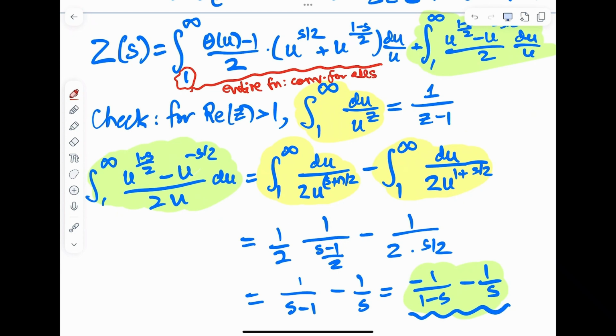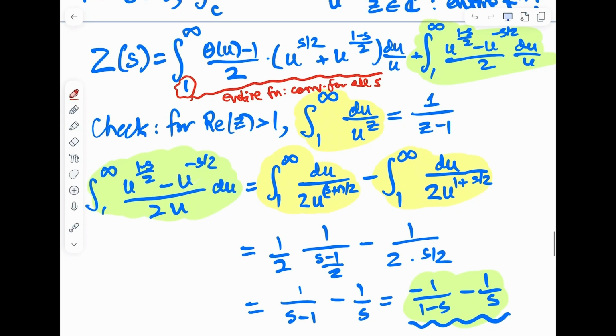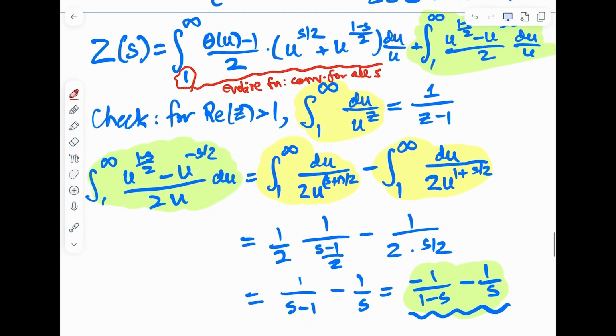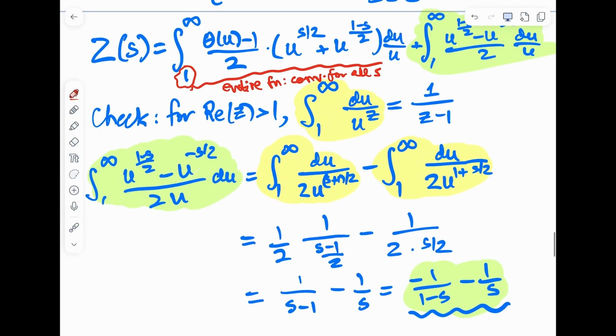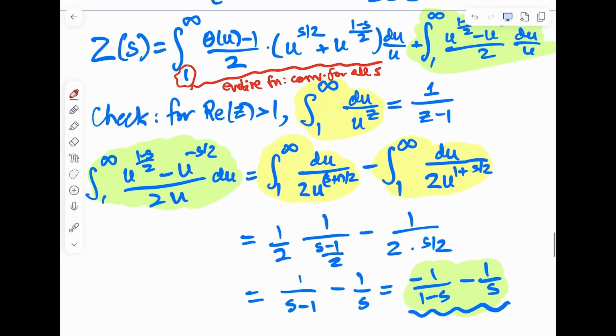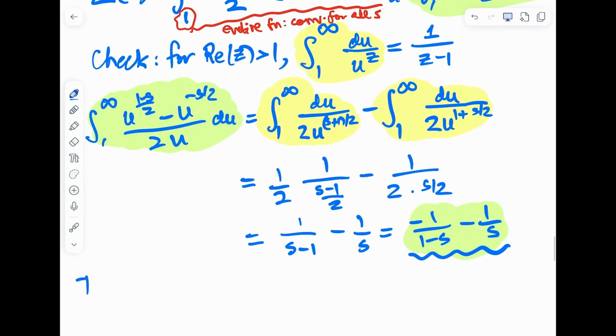It's an analytic function that already makes sense for every number s in the complex plane because of the decaying property of the theta function. And so that first integral makes sense everywhere. And now that green integral, we just calculated it. And that formula at the end also makes sense everywhere except for simple poles at 0 and 1. And so now we finally have our analytic continuation.